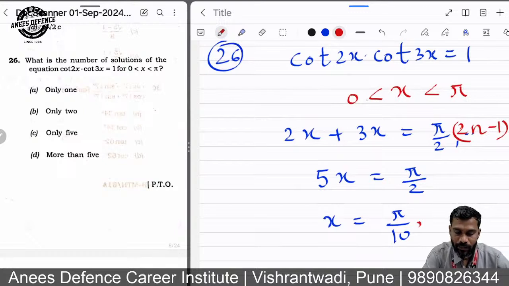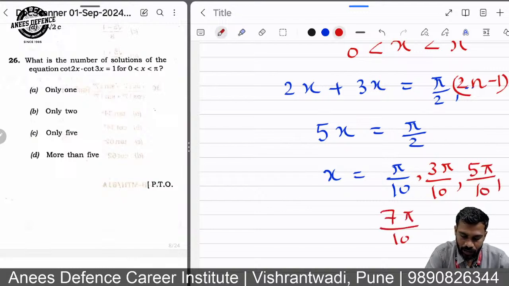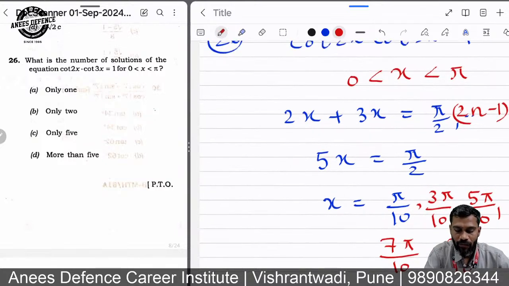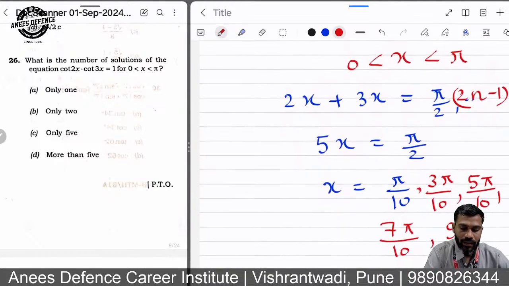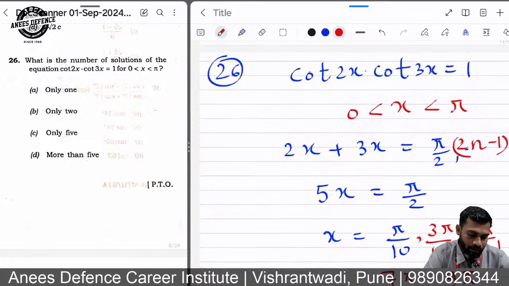Because x lies between 0 and pi. So there will be 3 pi by 10, the next value. Next will be 5 pi by 10 and 7 pi by 10. And the last one, 9 pi by 10. We cannot go beyond this because 11 pi by 10 is greater than pi, and x cannot exceed pi. So how many values are there? 5. So only 5 values. Very easy.